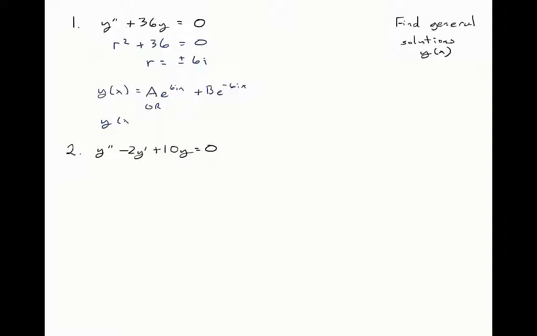It's up to you. Also, in some situations, like if you're using boundary conditions versus if you're using initial conditions, that determines which form you want to write this equation in as well.